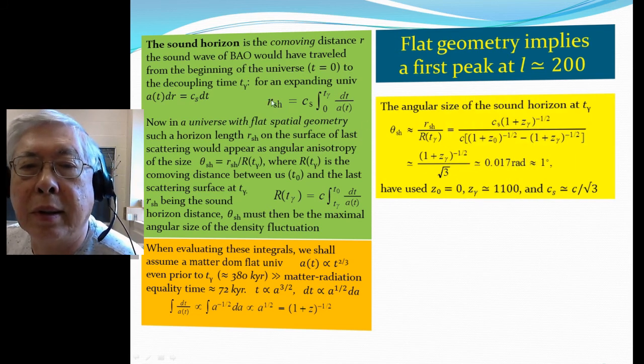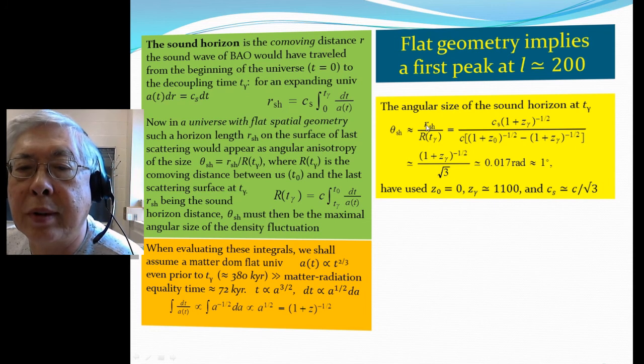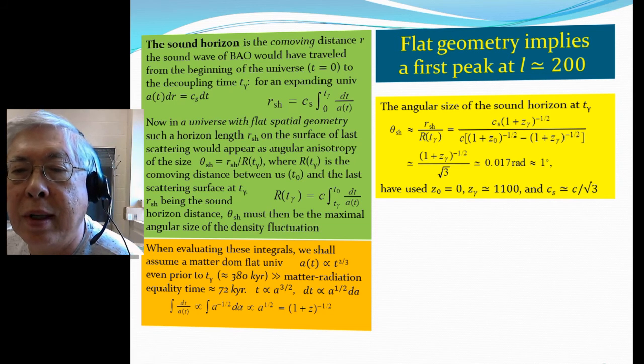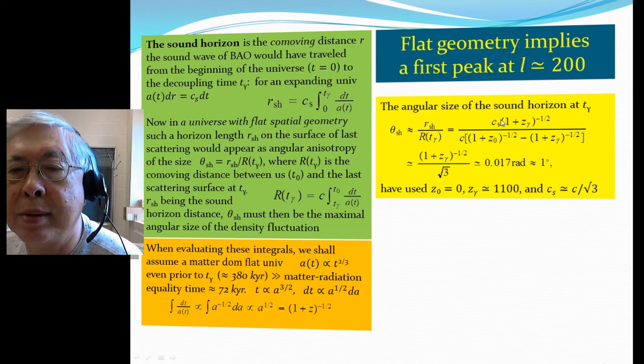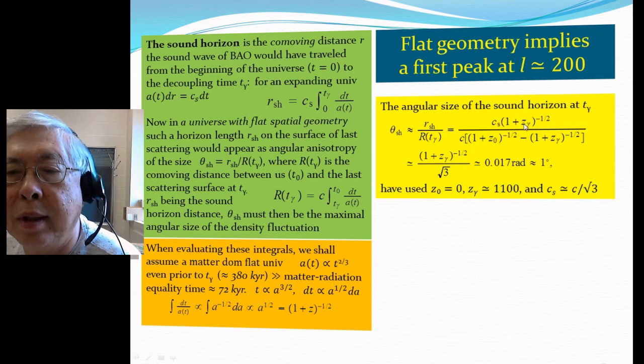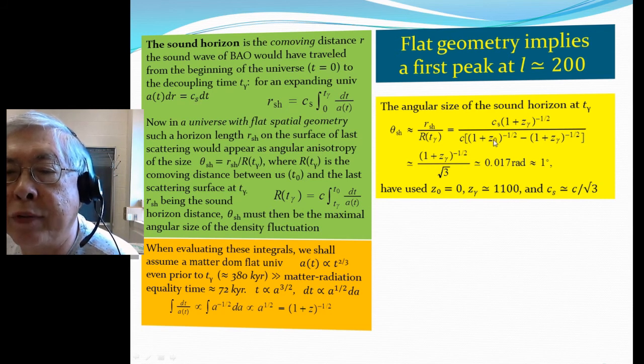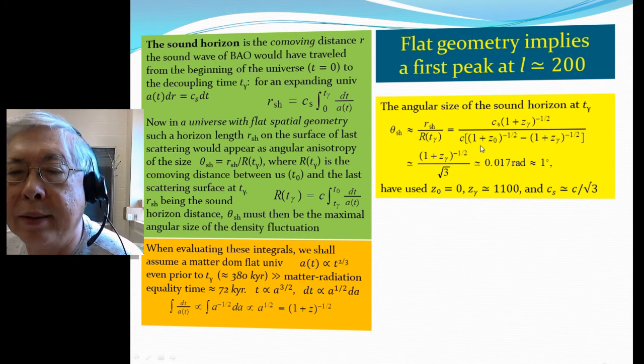So the angular size ratio of the horizon distance divided by the radius of the last scattering surface: the first thing here, by this approximation, is the sound wave speed multiplied by 1 over the redshift at last scattering, and this is equal to 1 over z, the redshift now, which of course is 0, minus 1 plus z at last scattering.